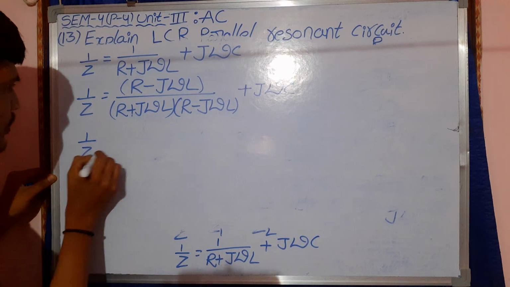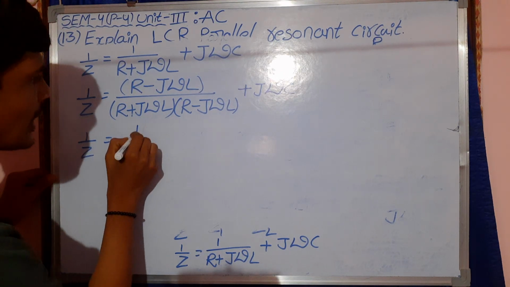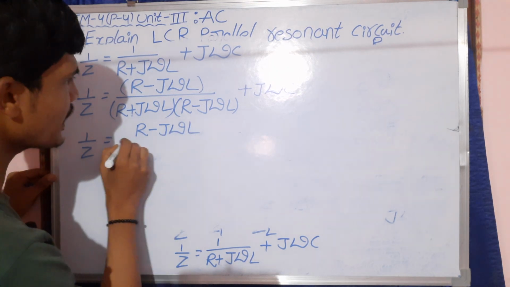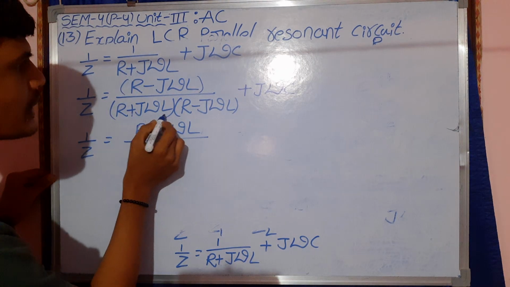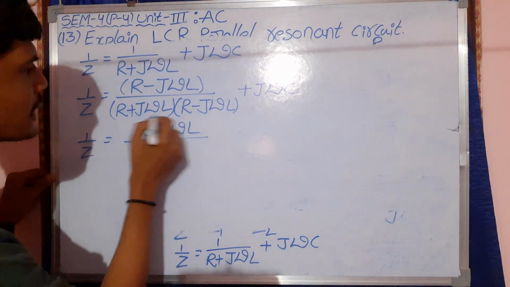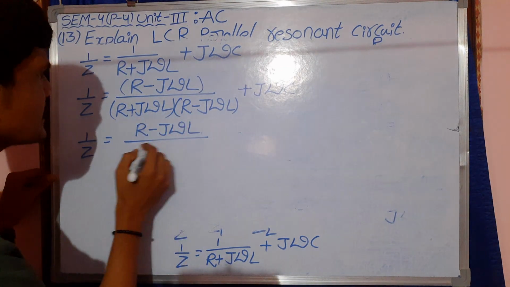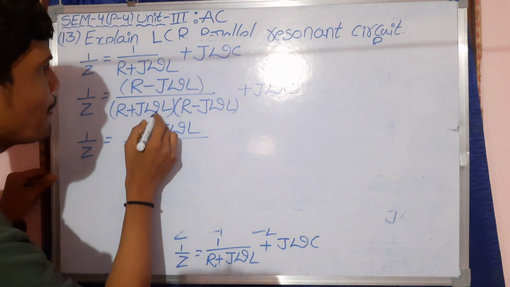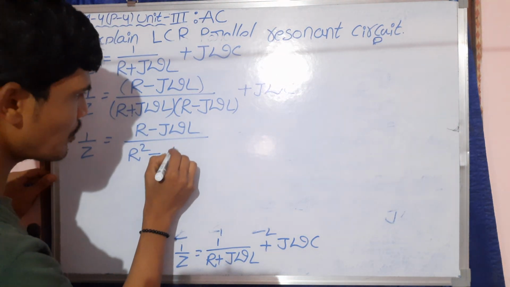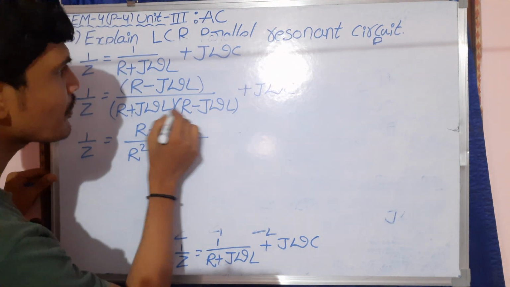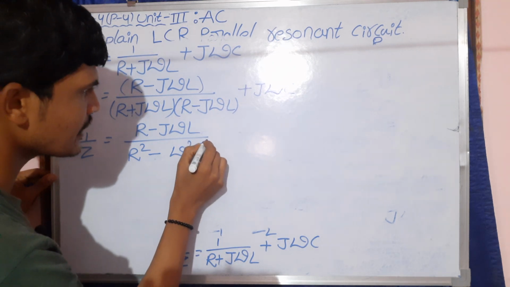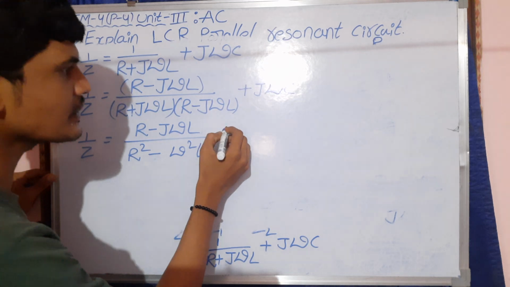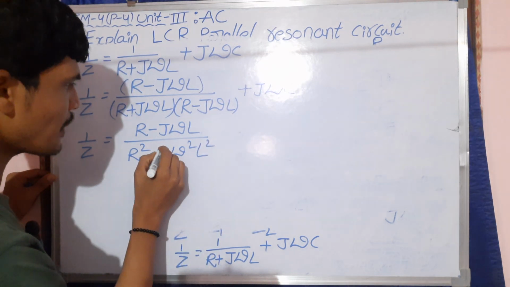So 1 by Z equals R minus j omega L by R plus j omega L into R minus j omega L, which is a square minus b square. That gives R square minus j square omega square L square, and j square value is minus 1.